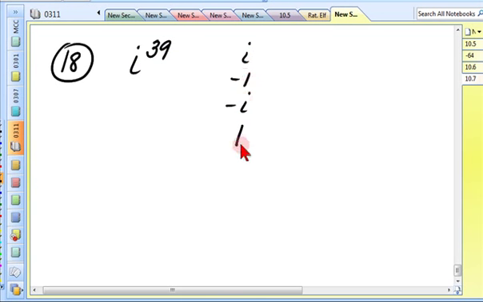So you can, if you want to, count: 1, 2, 3, 4, 5, all the way up to 39. There's my answer.